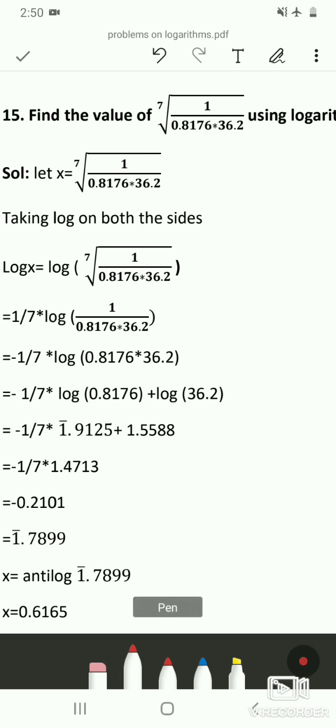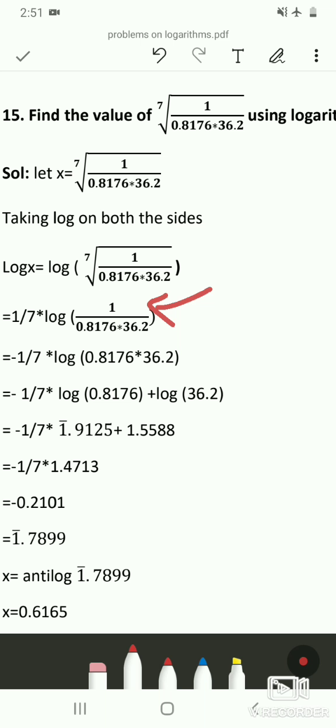So therefore 1 upon 7 into log of 1 divided by 0.8176 into 36.2, and now again this is of the form m upon n, which can be written as log of m minus log of n, and here log of m, that is log of 1, is 0.